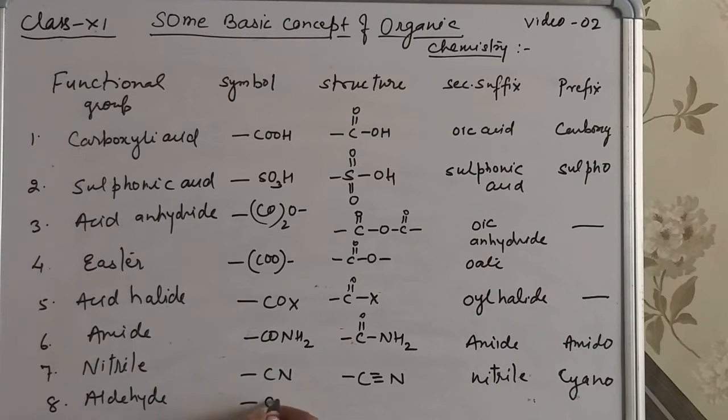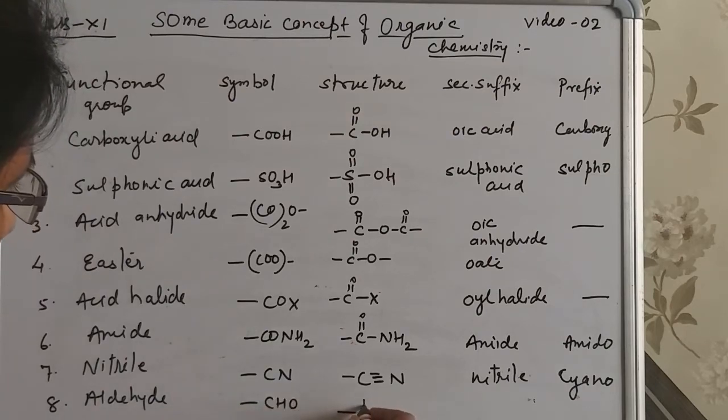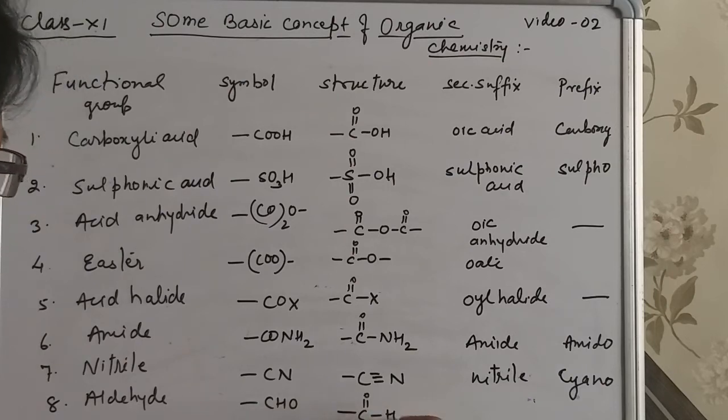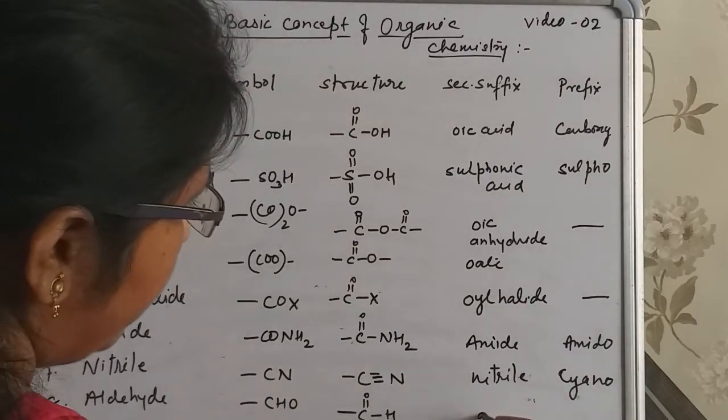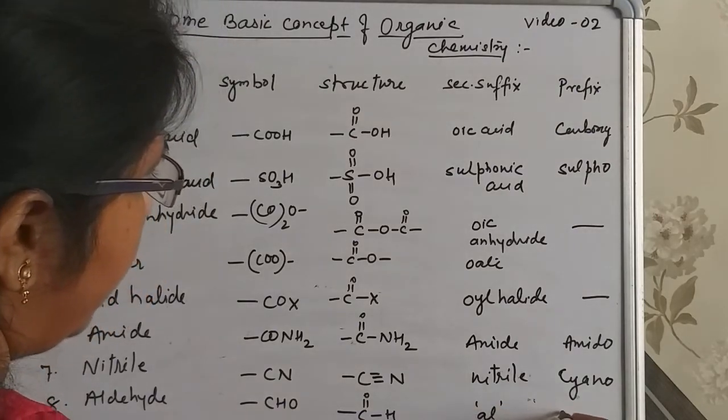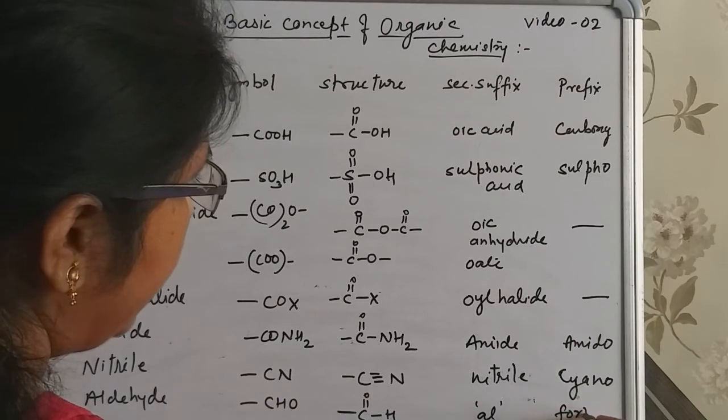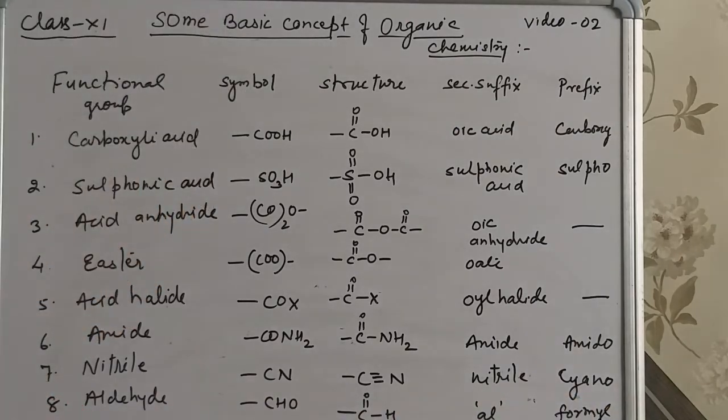CHO. The secondary suffix used is al, and the prefix formyl.